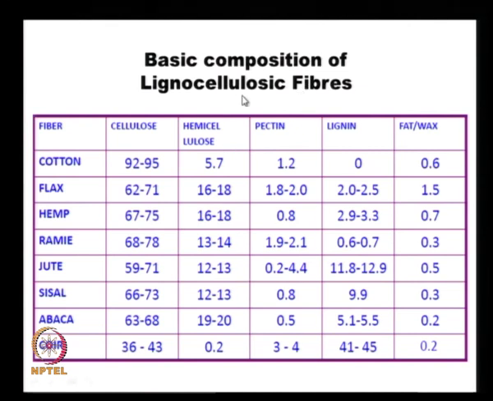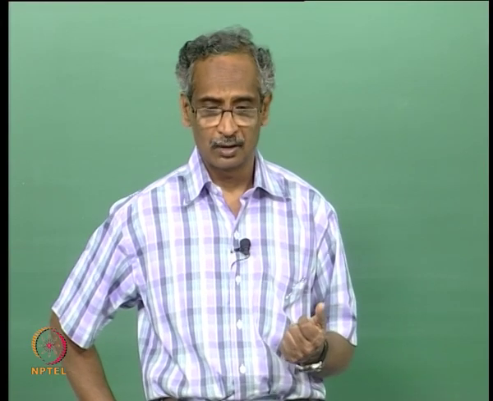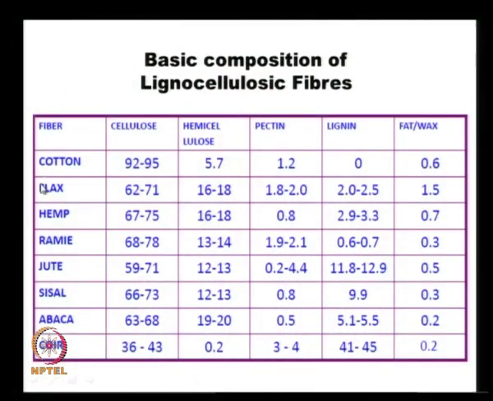And the basic composition of these lignocellulosic fibers, that is the fibers that have a lot of lignin and cellulose content. The cotton has very high cellulose content, 92 to 95%, then lignin is 0. Then let us look at jute. Jute also has a very high cellulose content, 59 to 71%, lignin is very low, and the coir has a lower cellulose content and higher lignin content, 41 to 45%, and higher cellulose content gives the fibers more flexibility.